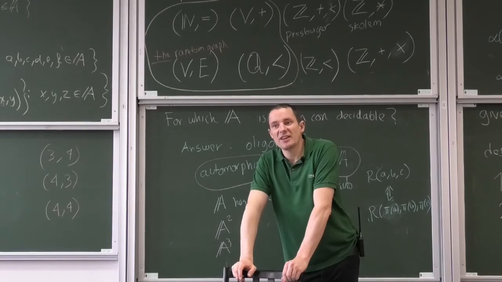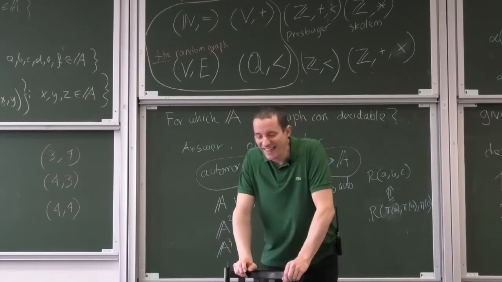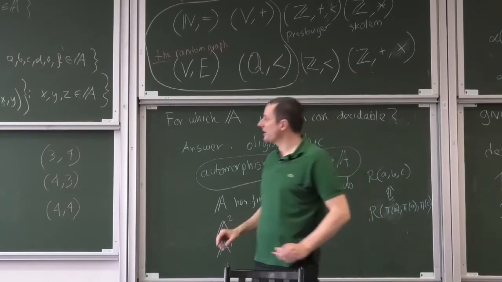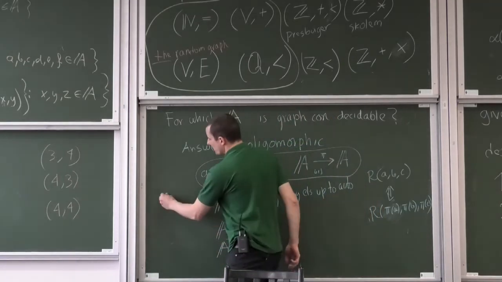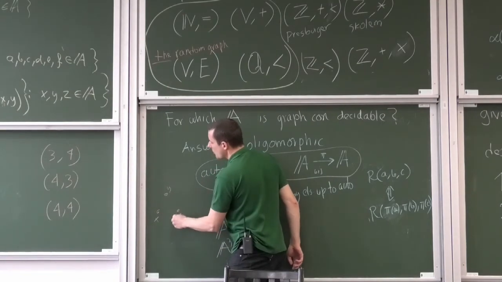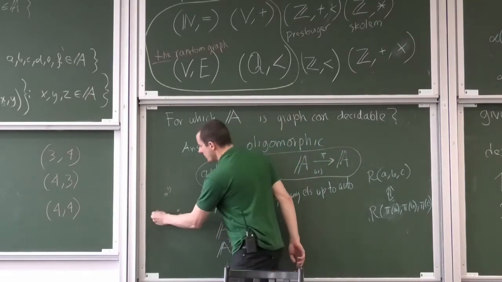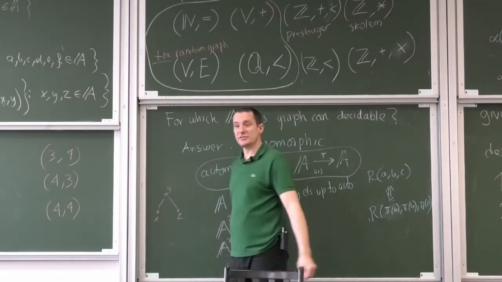Generally speaking, in the random graph, if you have 3 vertices x, y, z, it's going to be 8. They may or may not be connected by edges.